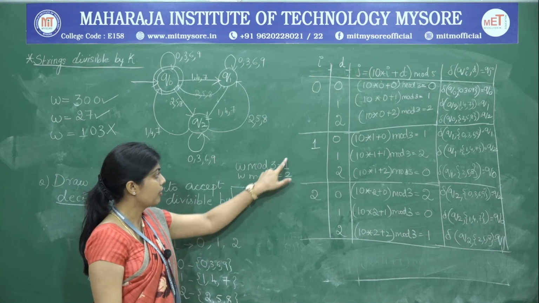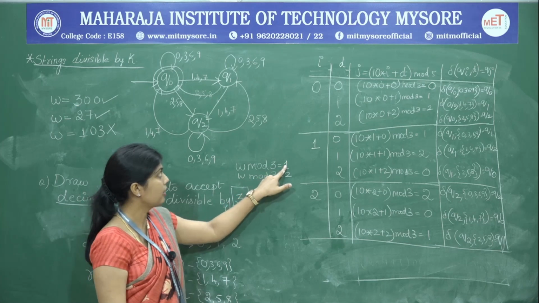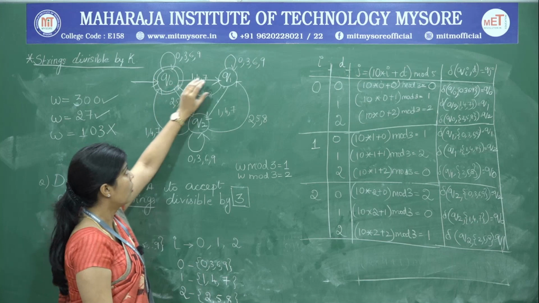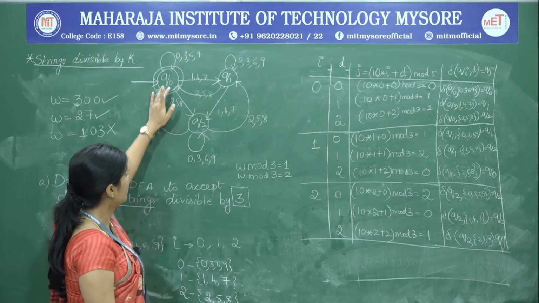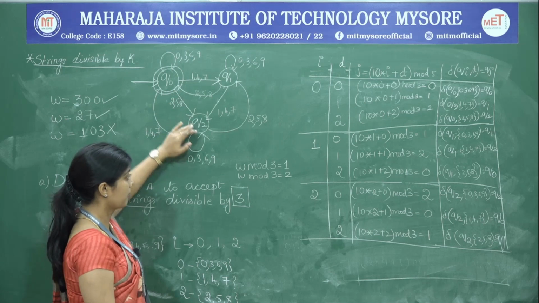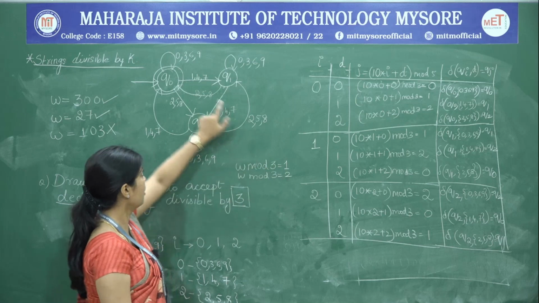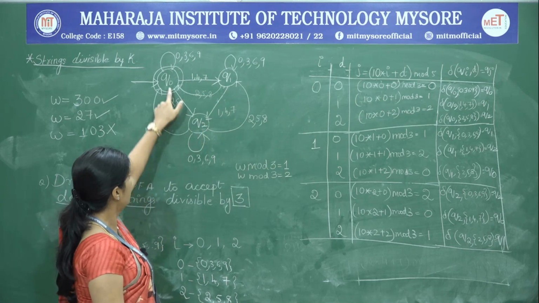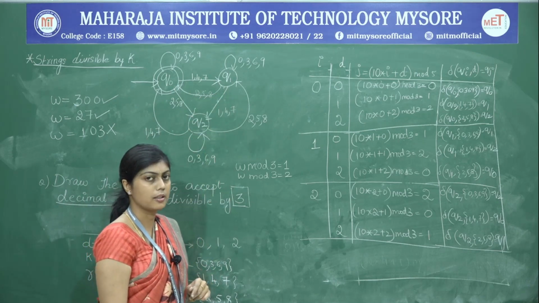In the case of remainder 1, q0 is not going to be the final state; only q1 is going to be the final state. q0 and q2 will become the non-final states. If we have w mod 3 equal to 2, then q2 will become the final state, and q0 and q1 are going to become the non-final states.